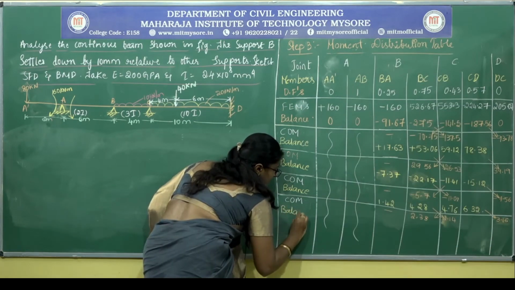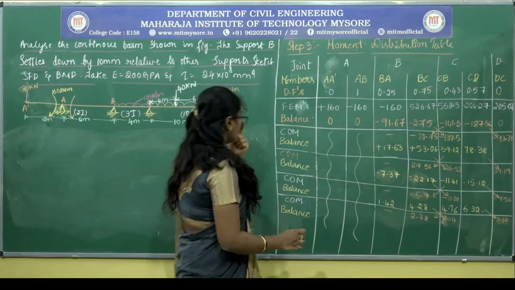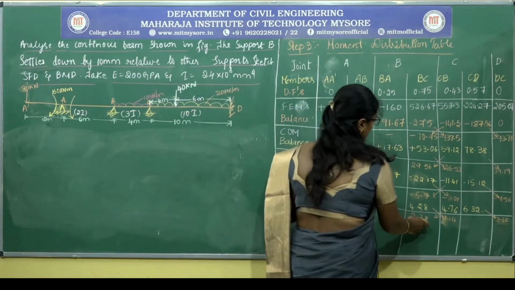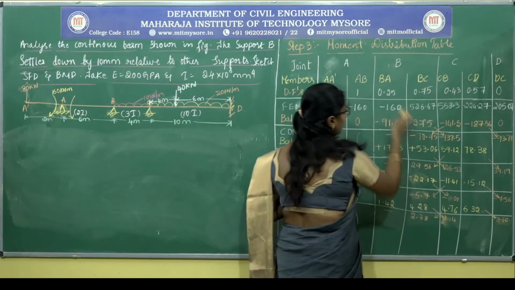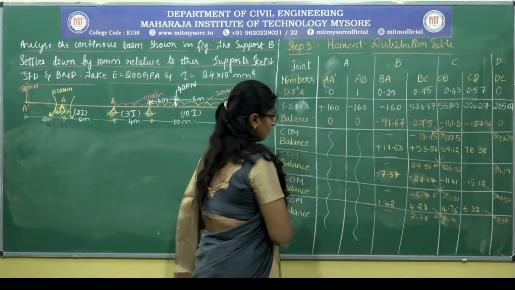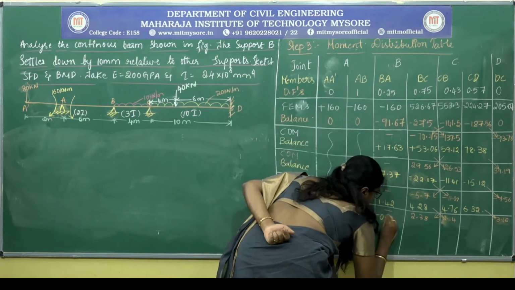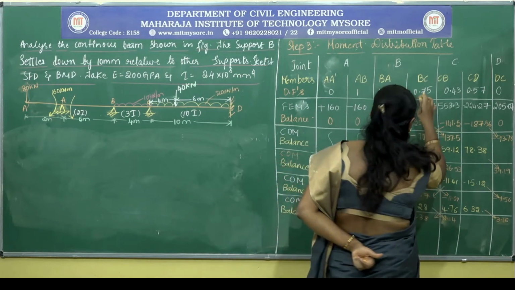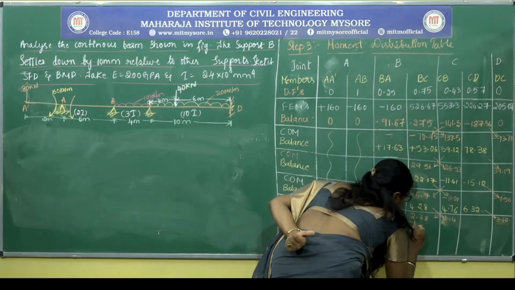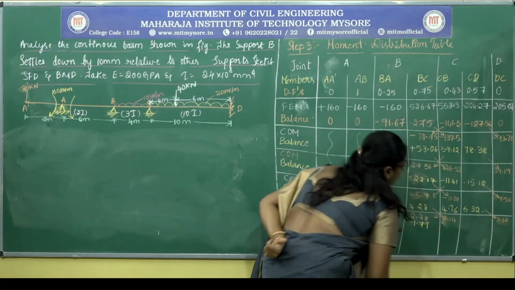Next is to balance. For BC, 2.38 is the unbalanced moment. To balance this, minus 2.38 multiplied by 0.25 will give you minus 0.59. Minus 2.38 multiplied by 0.75 will give you minus 1.79.